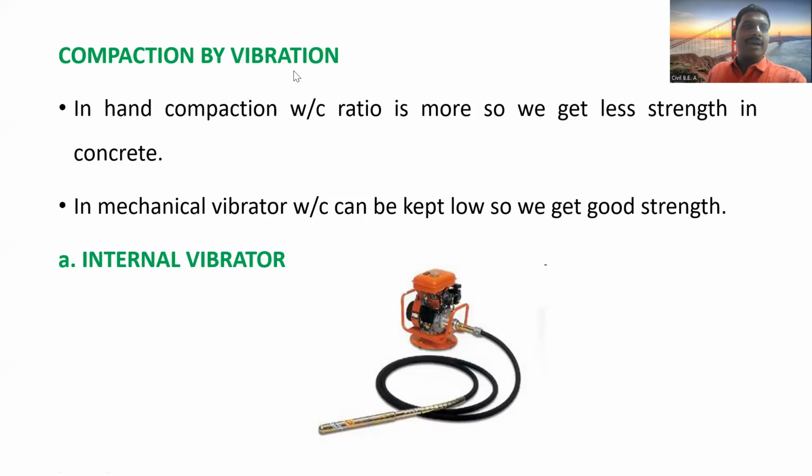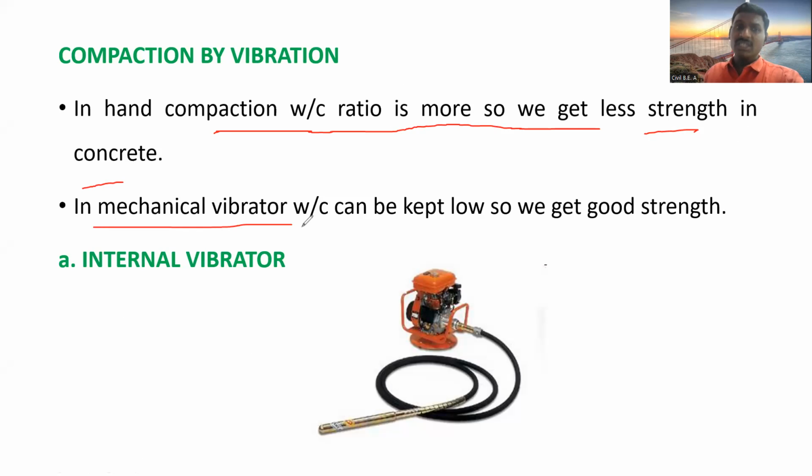Compaction by vibration is this: in hand compaction, the water cement ratio is more, so we get less strength in the concrete. If we use a mechanical vibrator, the water cement ratio can be kept low, so we get good strength.